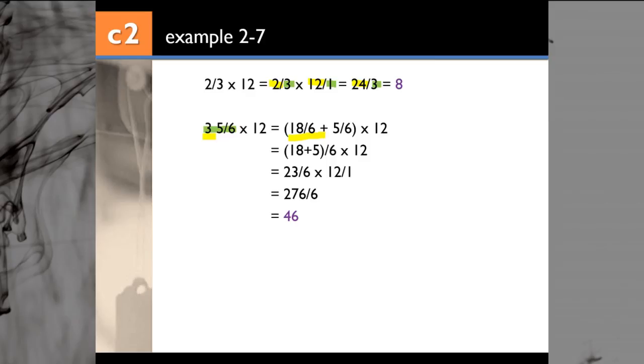So when you have a whole number and a fraction, you have to recalculate the number to get the final answer. That means 3 and 5/6 of 1 dozen is 46.